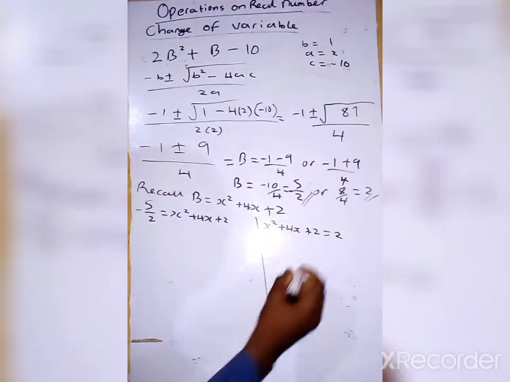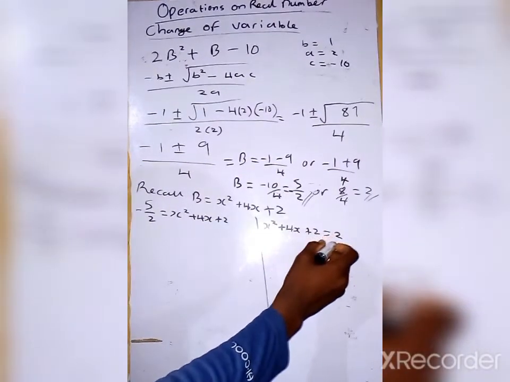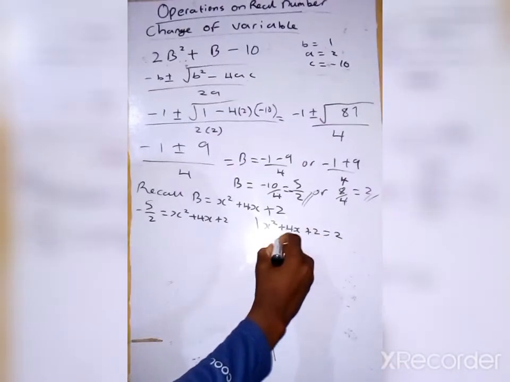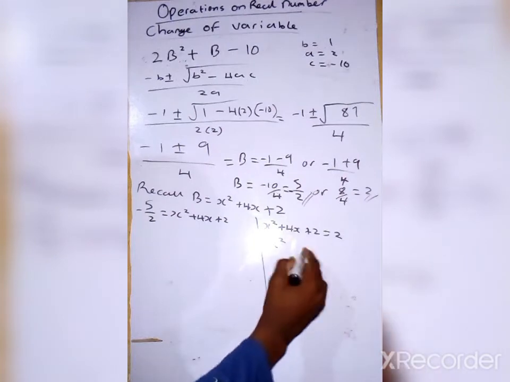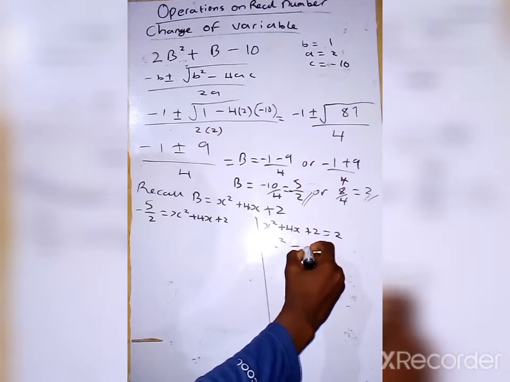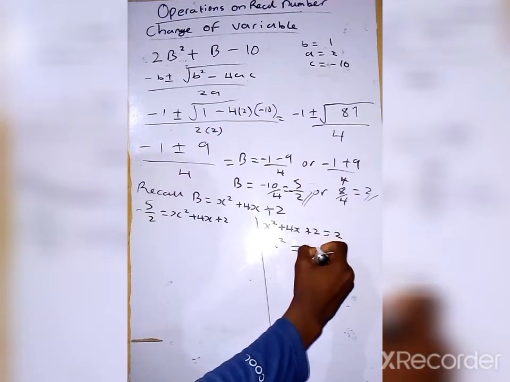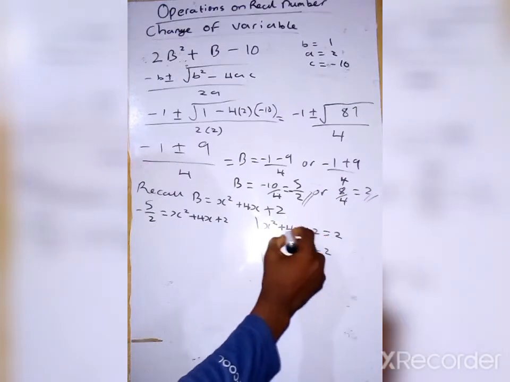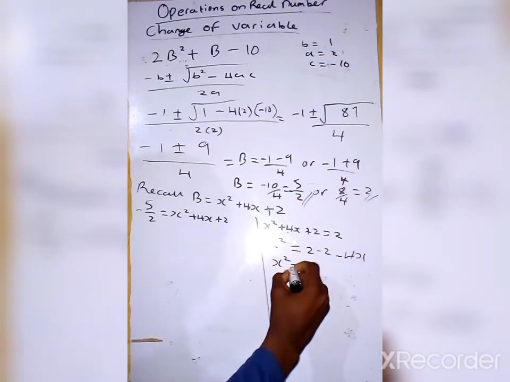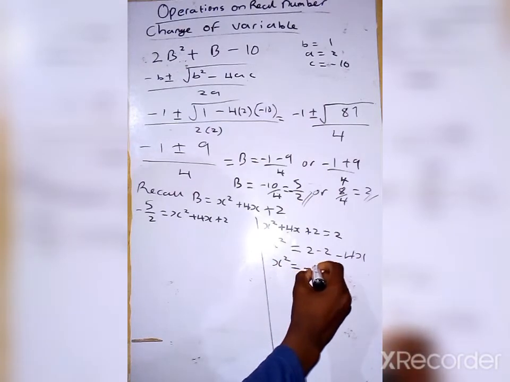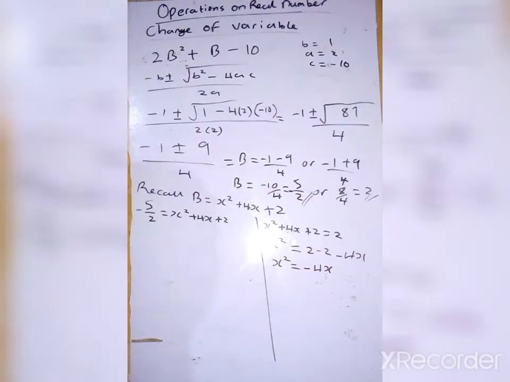So solving this, if this 2 comes to this side, we have x squared plus 4x plus 2 minus 2, which is 0. So my x squared will now be equal to minus 4x, right?